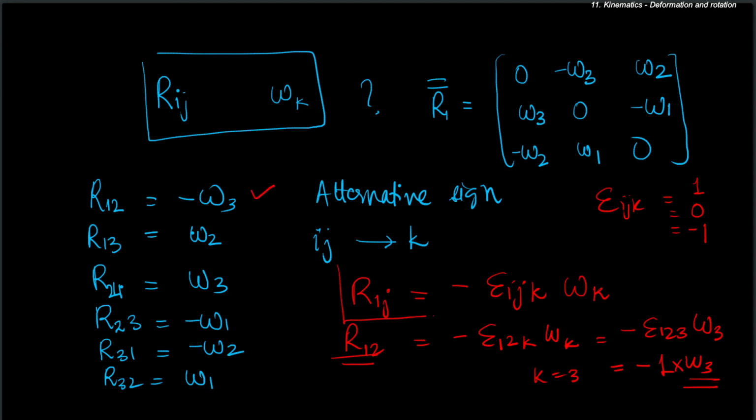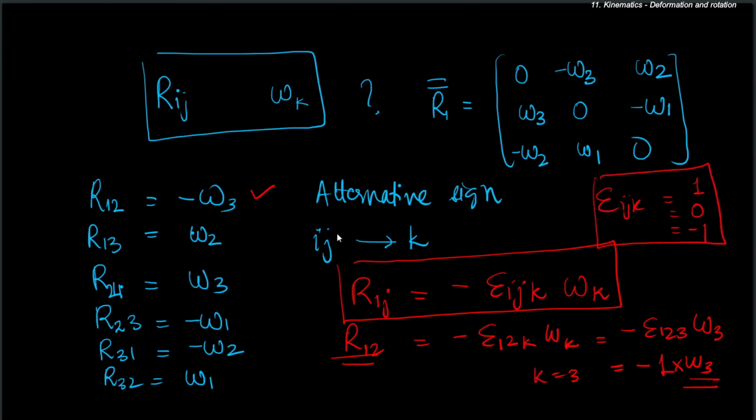And you can put various values of i and j, and you can use the properties of the alternating tensor to verify this relationship to be true. So there is a relationship between Rij and omega k, and it is through the alternating tensor.